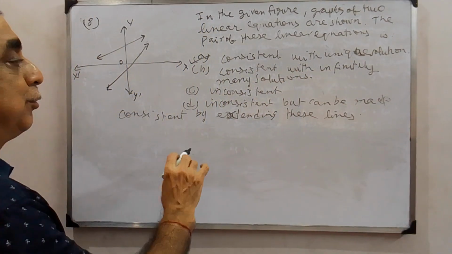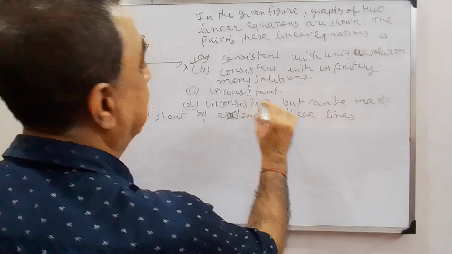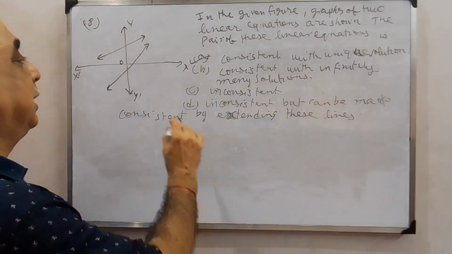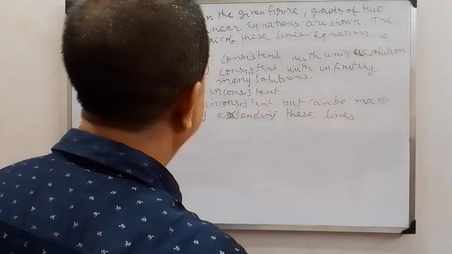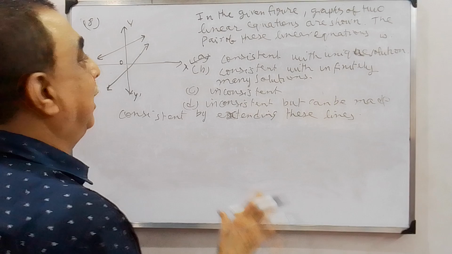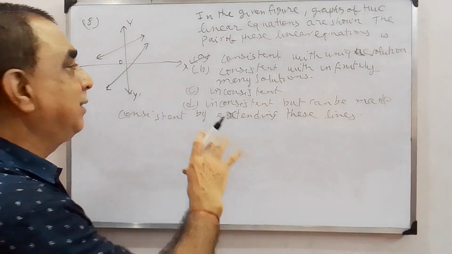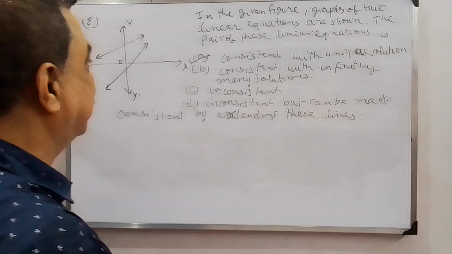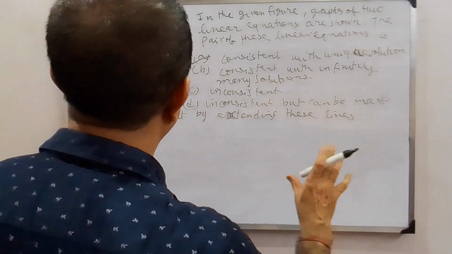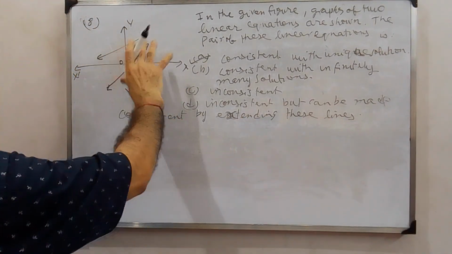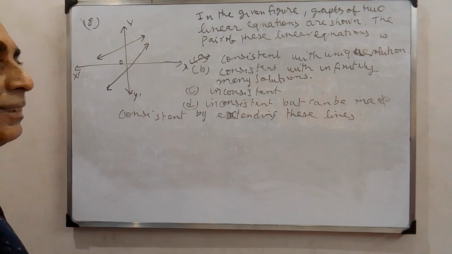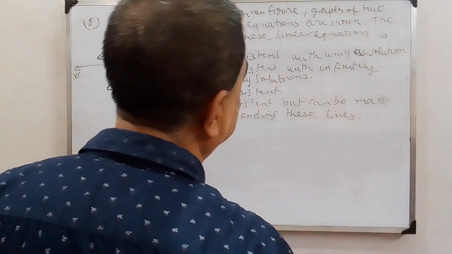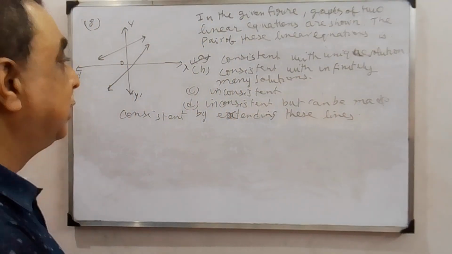So it is not inconsistent, nor can it be made consistent by extending, because these are the graphs of linear equations and the lines will meet at some point.